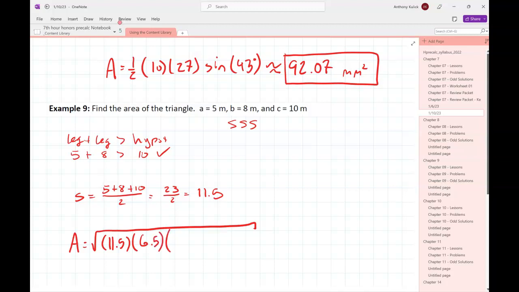And then S minus B. What's 11.5 minus 8? 3.5. And then I have S minus C. 11.5 minus 10 is 1.5.